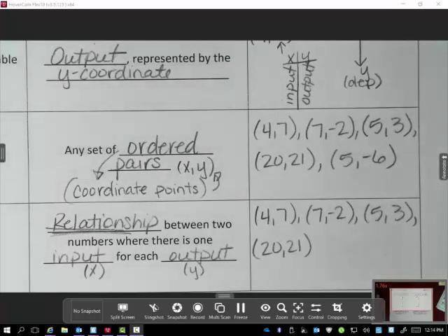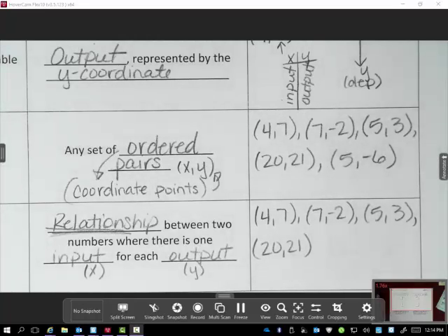The -6 doesn't go with all the other points. What do you mean? Like the 4 and the 5 and the 20, and the 2 can all be divided by each other, and the 7, 3, and the 21 can, but the -6 can't go all the way. Okay, that's a coincidence, but I like that you're seeing that pattern.